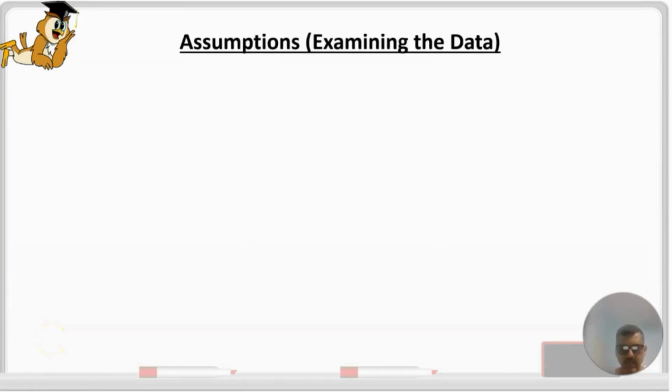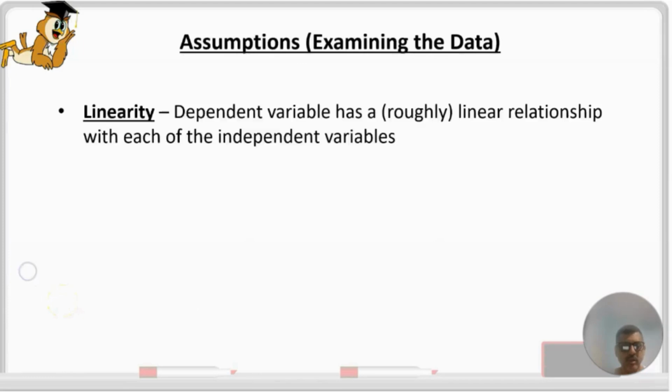Assumptions. Let us now look at the assumptions we are making with respect to the underlying data while we go about doing our linear regression. Okay, so assumptions pertain to the data. The first assumption is the assumption of linearity, of course, right?